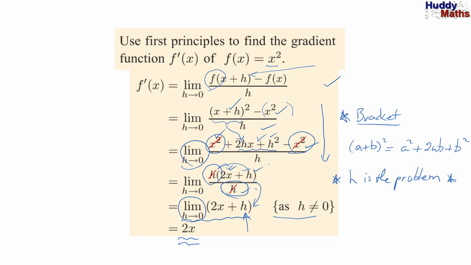We must put this, I like PV, provided h is not equal to naught, after the division step here. Because what we're saying is, as long as h isn't equal to naught, these functions are equal.